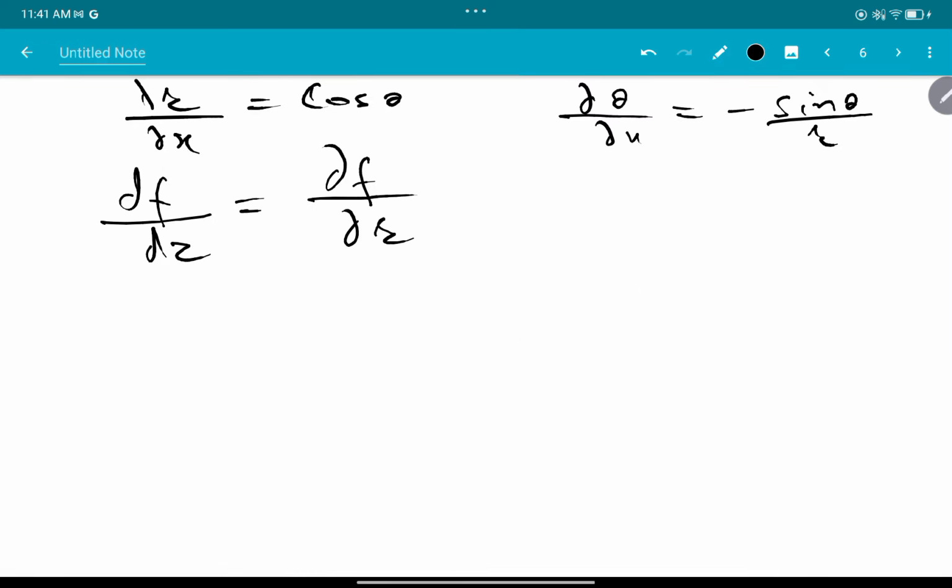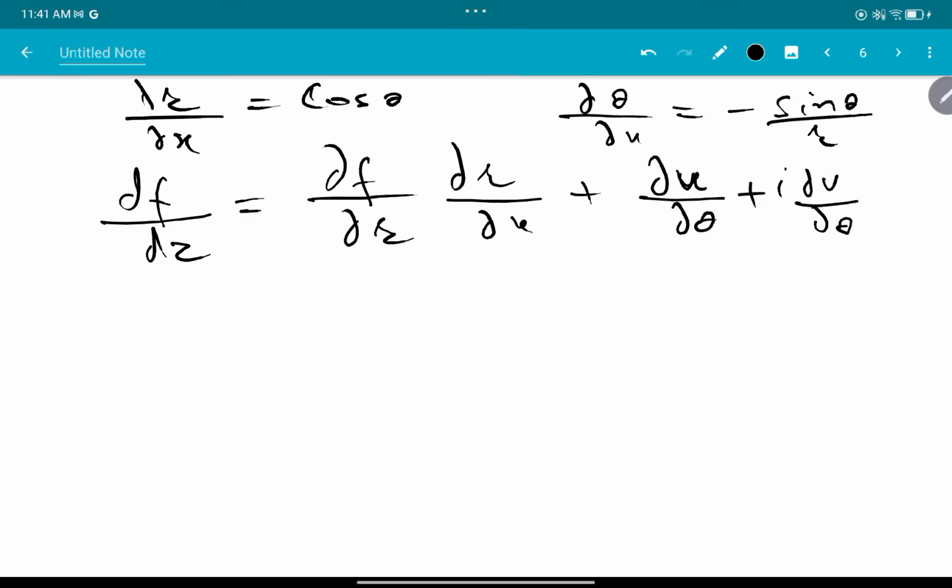So df by dz is equal to del f by del r into del r by del x, plus del u by del theta plus i del v by del theta into del theta by del x.